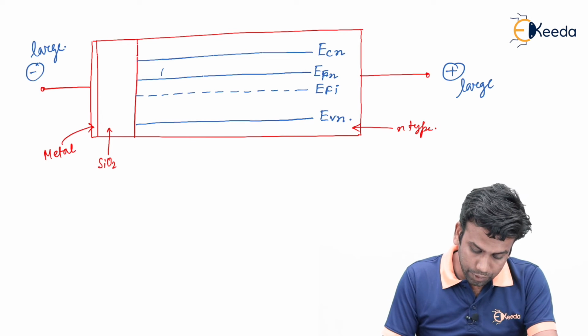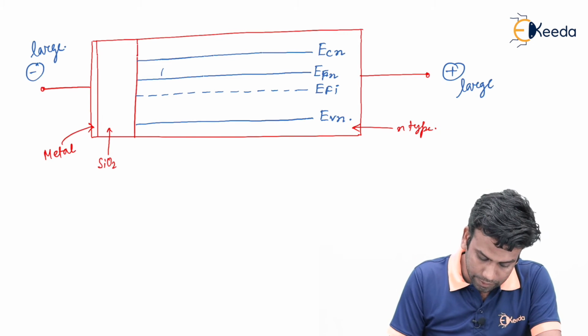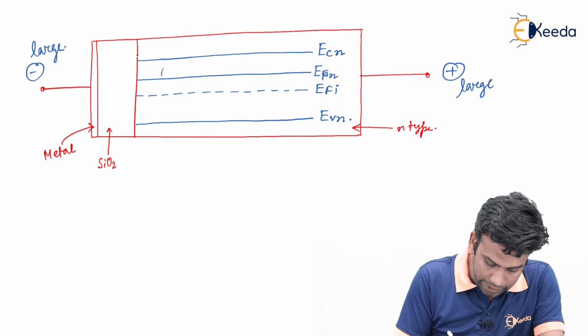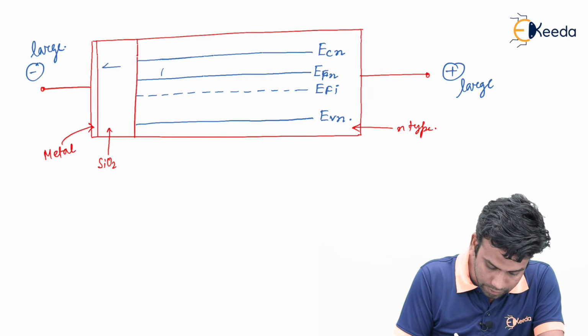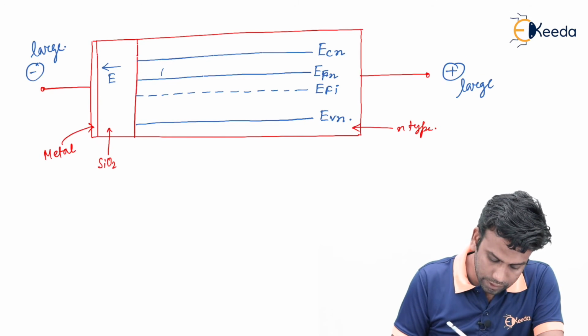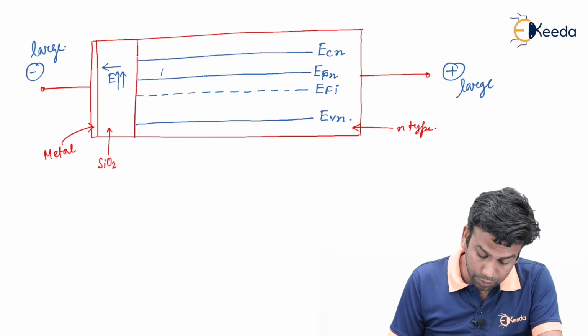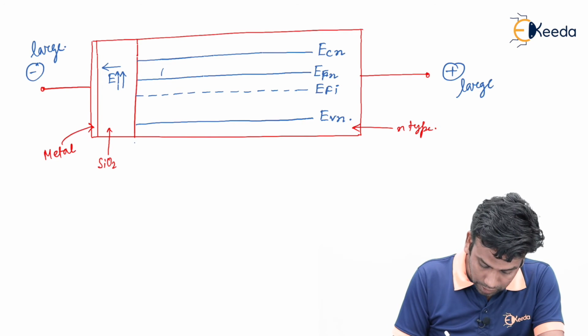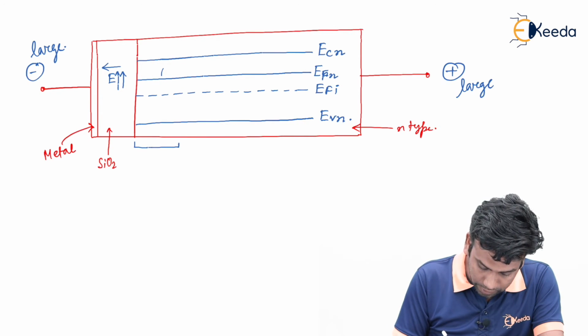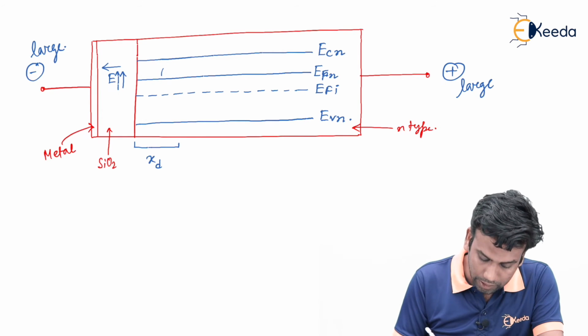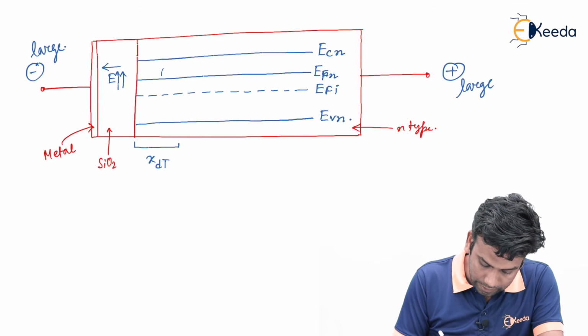So, due to this large potential applied, there will be an electric field directed in this direction, which will have a very high value, and due to this a layer will be created, and the width of the layer is XDT.